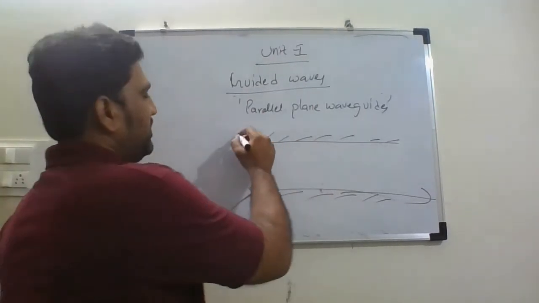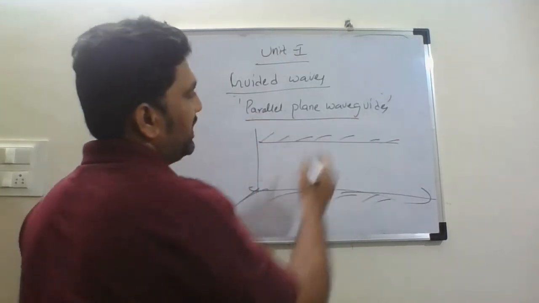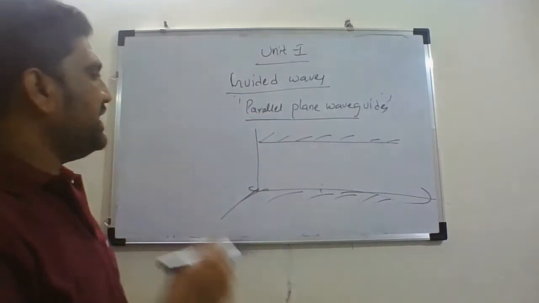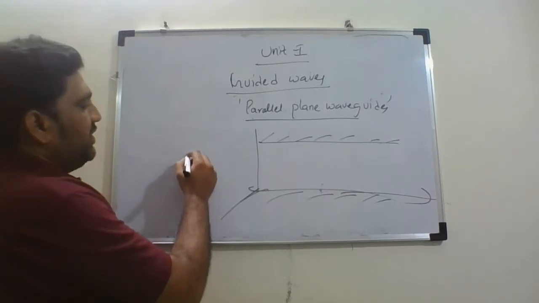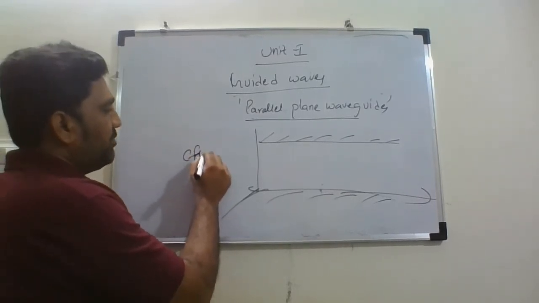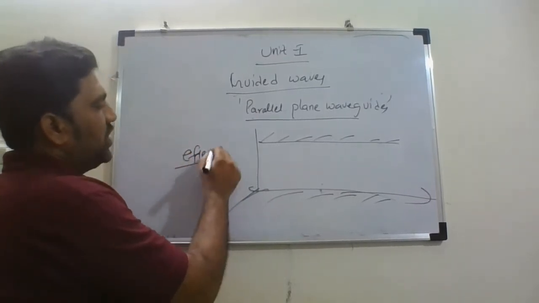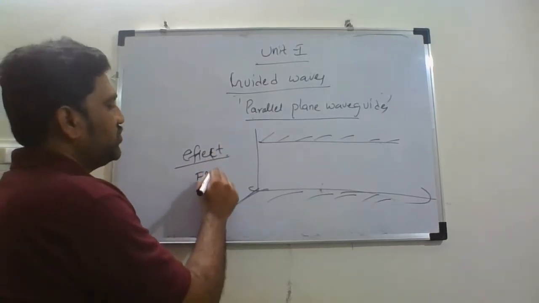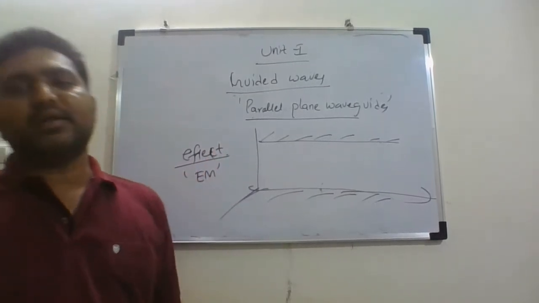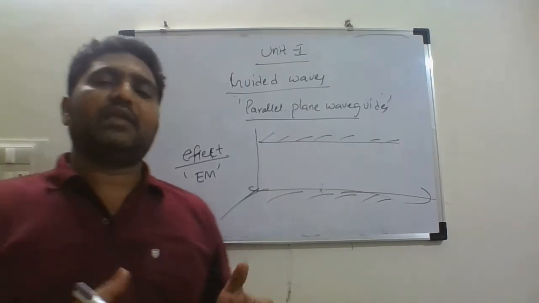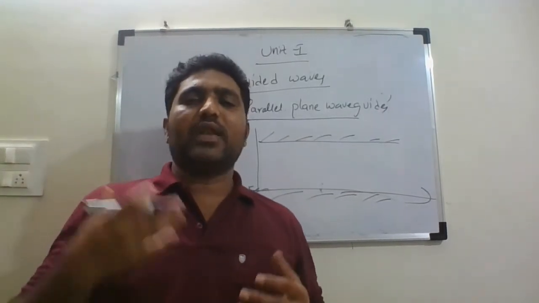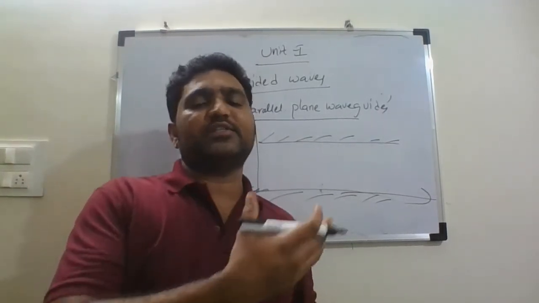Using this theoretical guiding structure, called a parallel plane waveguide, we will understand the effect of applying boundary conditions on the electromagnetic wave. Our idea is to understand how the electromagnetic wave characteristics change when I transmit it through a guided structure.